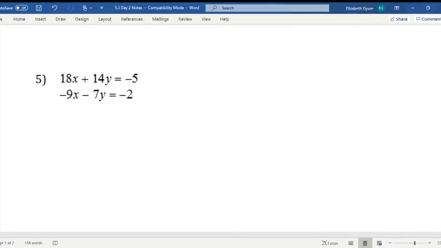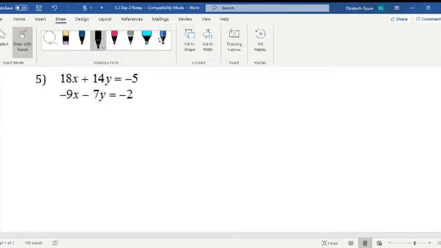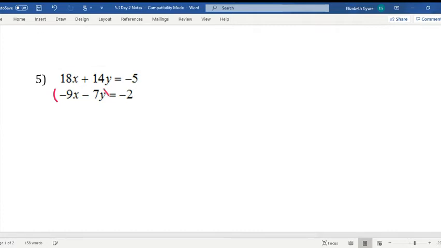Yeah. Would the bottom or the top one, Annalise? Definitely. If we multiply this bottom equation by 2, we will end up with a -18x. And will a positive 18x cancel with a -18x? The answer is yes, definitely it will. So we don't need to do anything to our top equation.